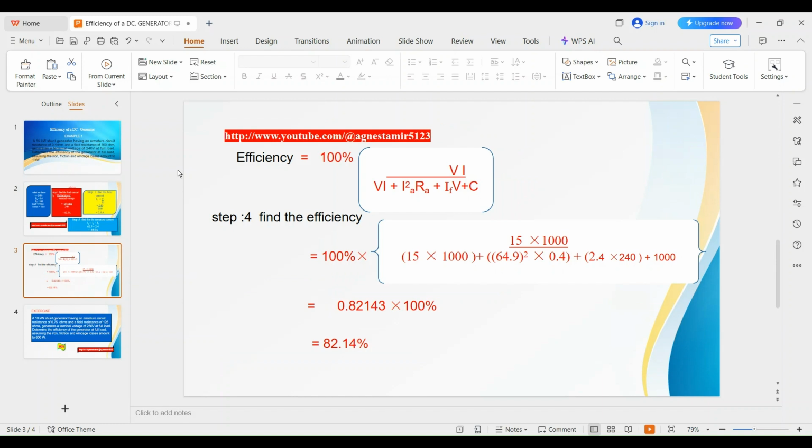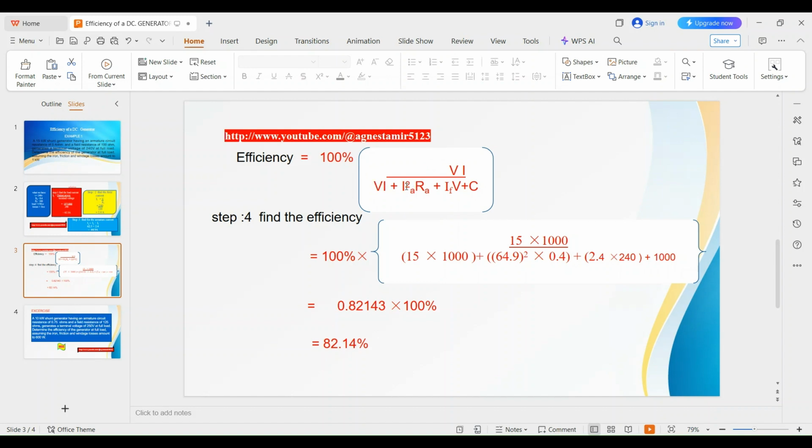Now we are almost going to the final stage for calculating the efficiency. We know that efficiency is given by output power over input power multiplied by 100%. Our output power is VI, all over the input power.